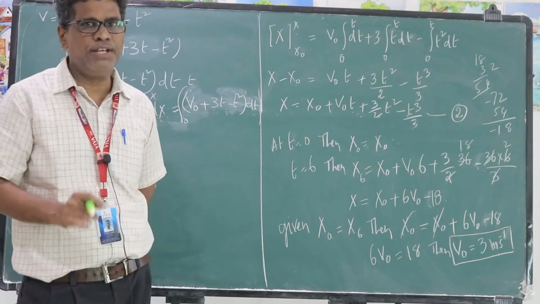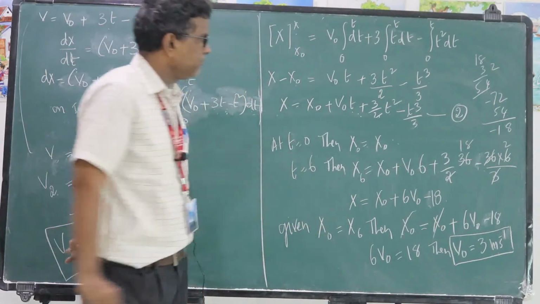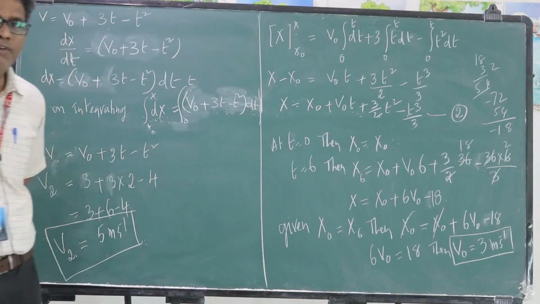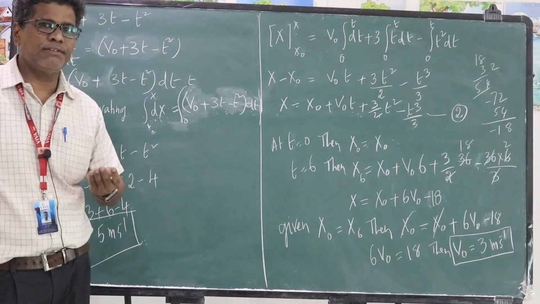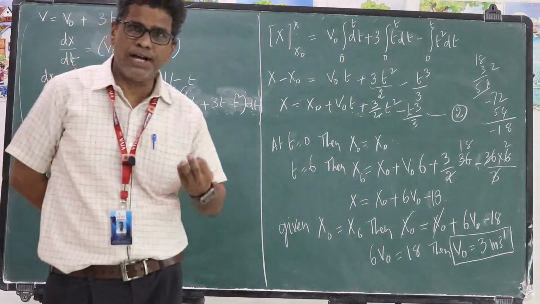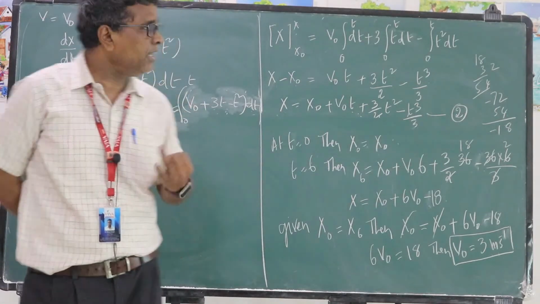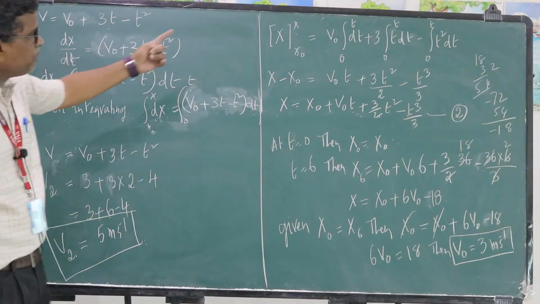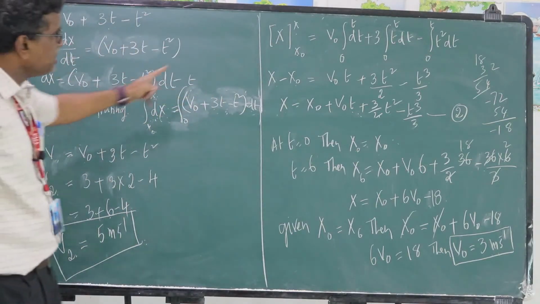That information is given to find the initial velocity. For that, what did I do? First step, acceleration is given, I find velocity. How? I integrate. Second step, I obtained position by integration.